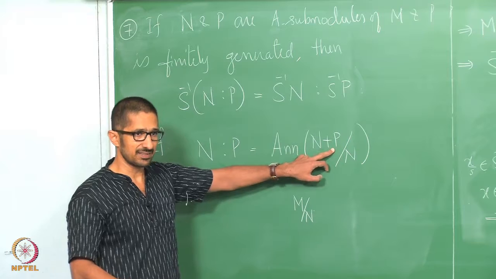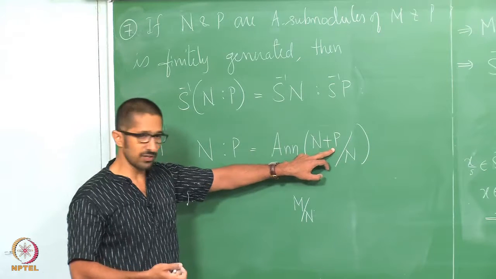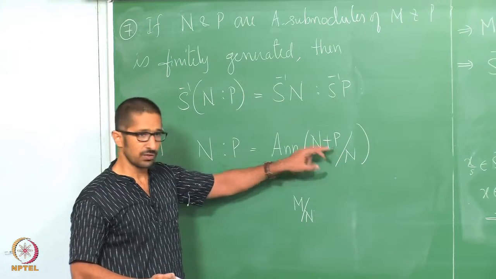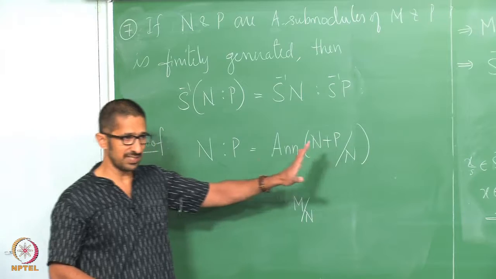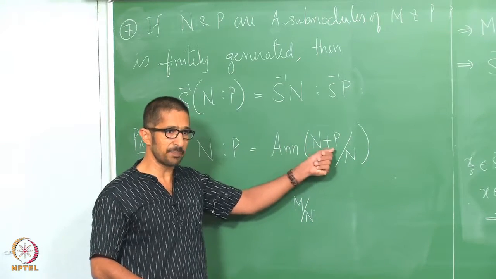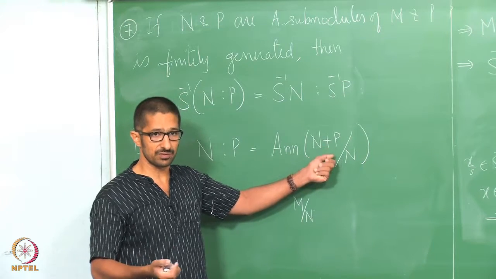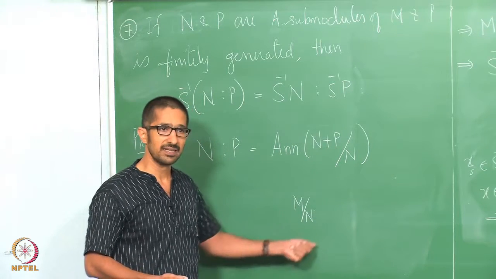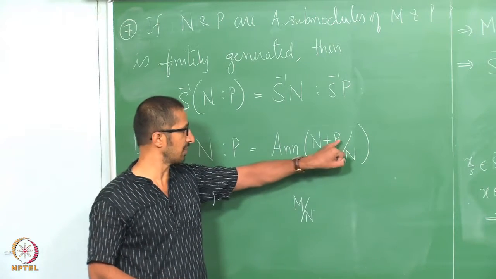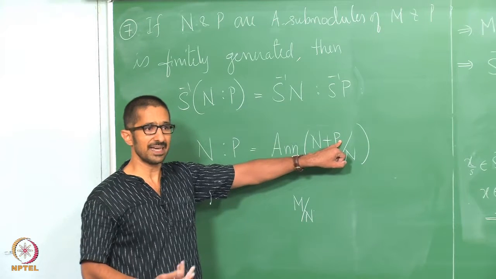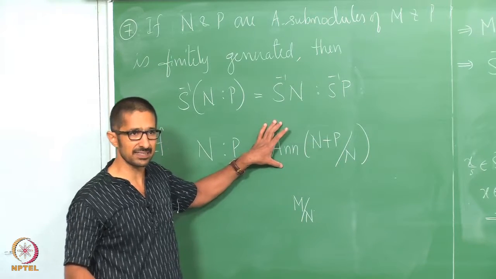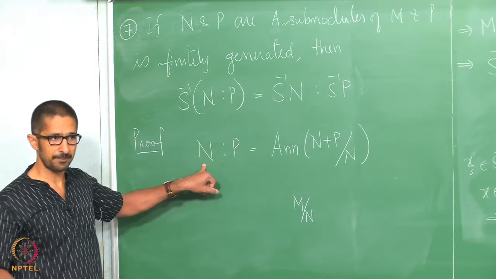Its annihilator, we are looking at the annihilator of p, or in other words all elements x such that x p becomes 0. Here what is meant by 0? It goes inside n, or in other words all x such that x p is contained in n, that is precisely the meaning of this as well.